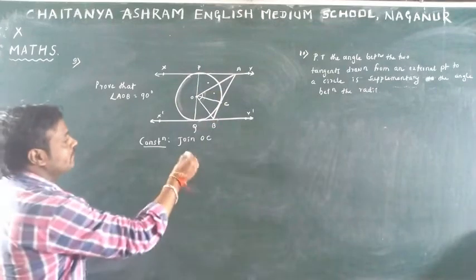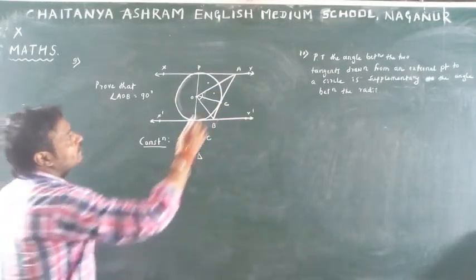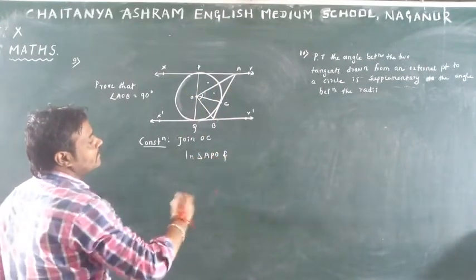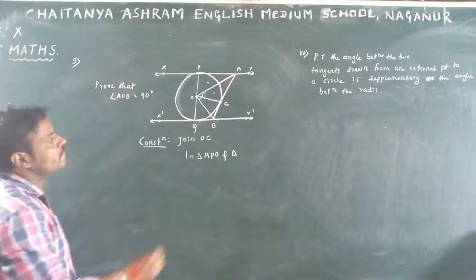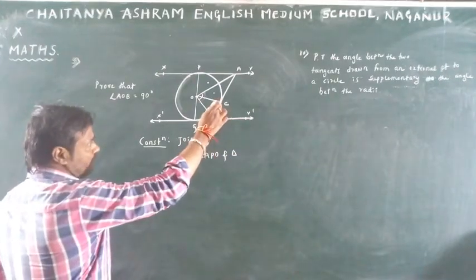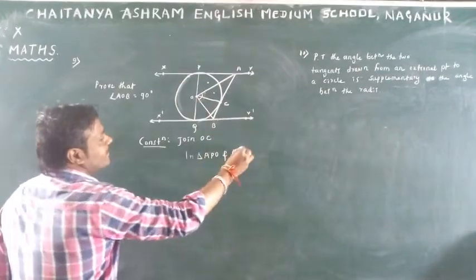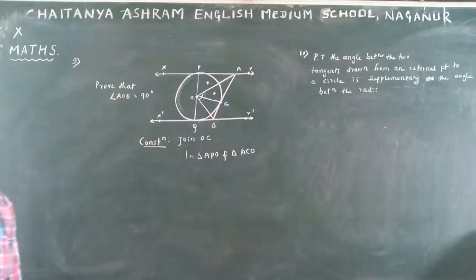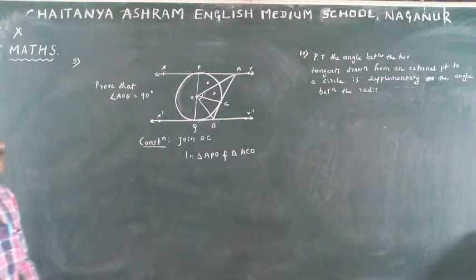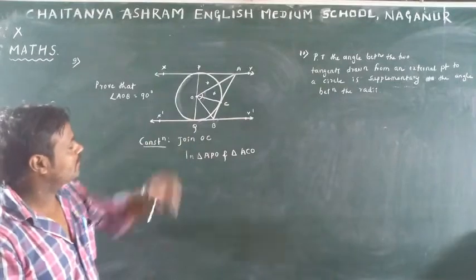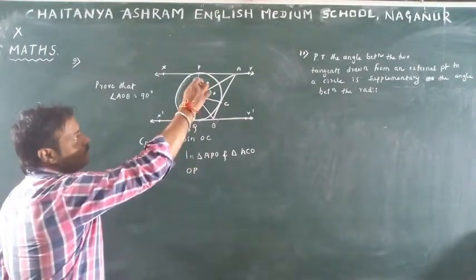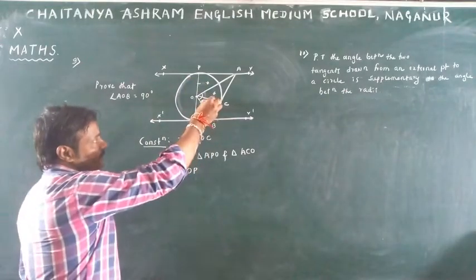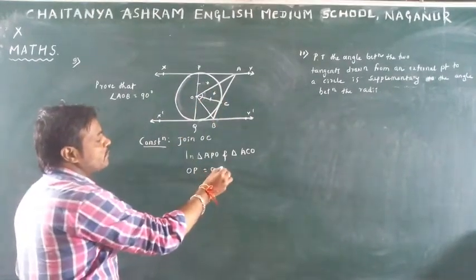In triangle APO and triangle ACO, consider these two triangles. The side OP of this triangle is equal to the side OC of this triangle. OP equals OC.